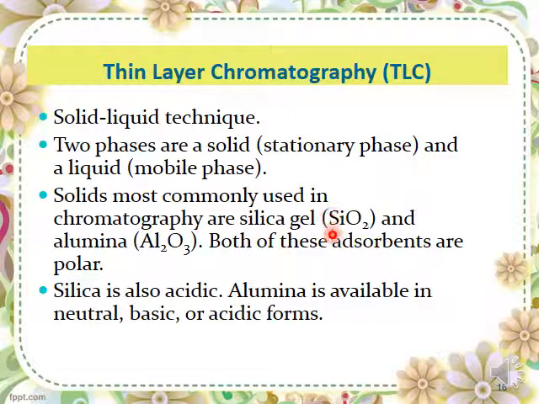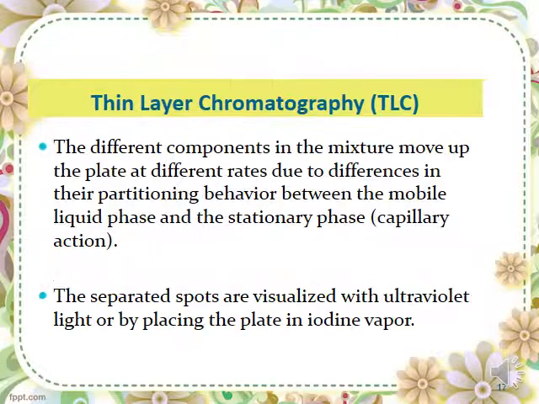The difference is that silica is acidic, while alumina can be neutral, basic, or acidic. Different components in a mixture will move up a plate at different rates due to differences in their partitioning behavior between the mobile phase and the stationary phase. We can visualize the separated spots under UV light or using the iodine vapor method.